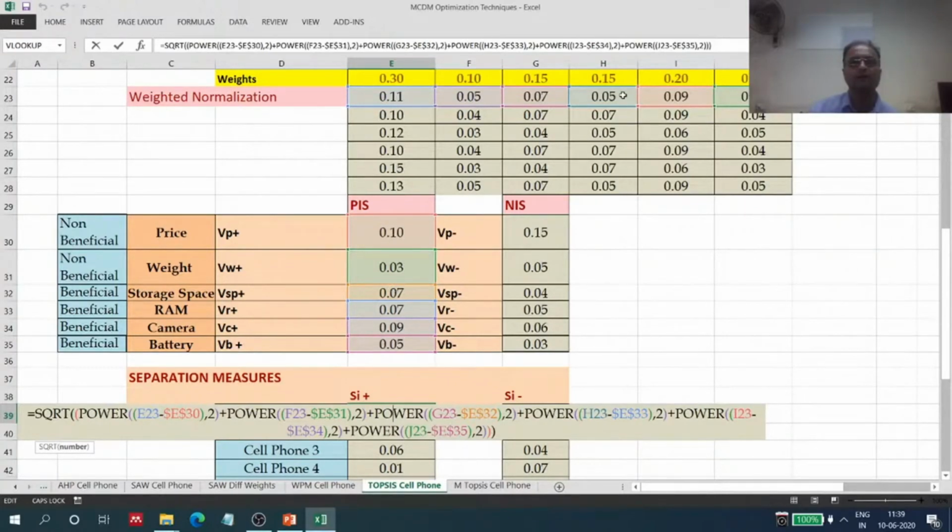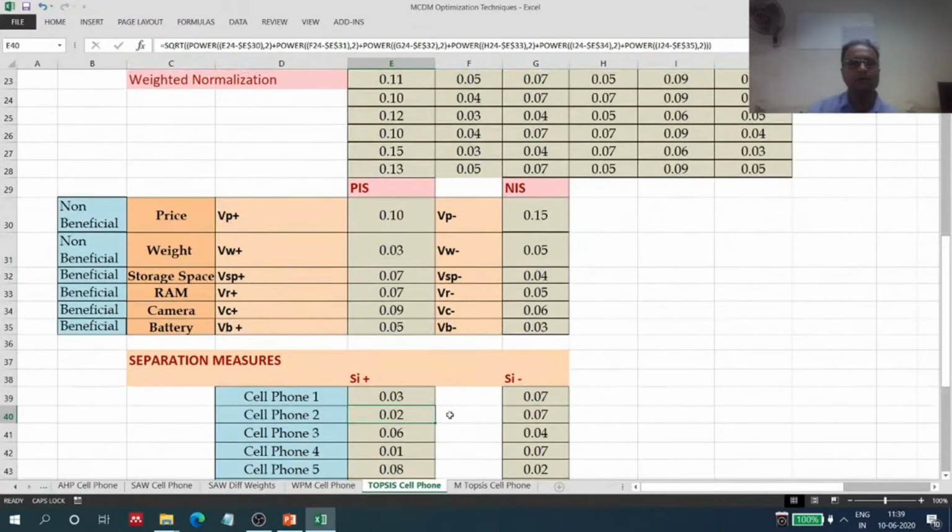Then here 0.05 minus 0.07 square. If you carefully see the formula, though it looks lengthy, we have to go on repeating the same thing. 0.11 minus 0.10, 0.05 minus 0.03 square, 0.07 minus 0.07 square, 0.05 minus 0.07 square, and you have to add them and then take the square root of that.